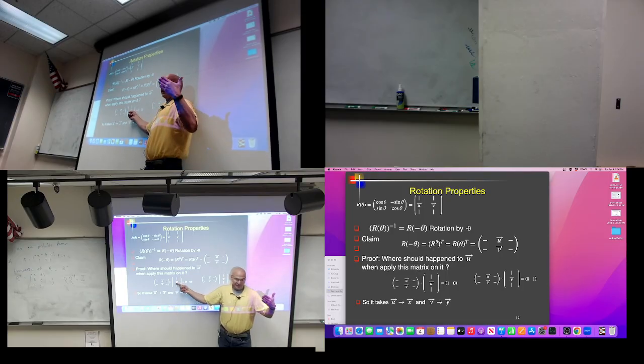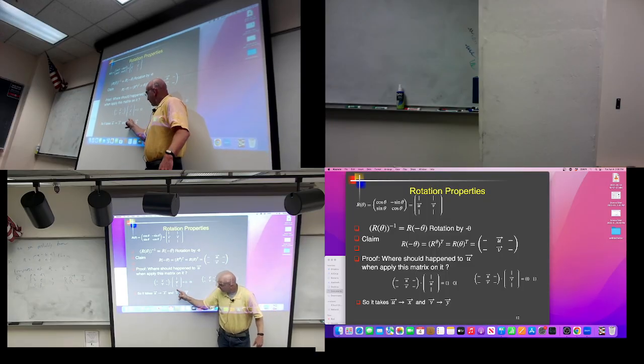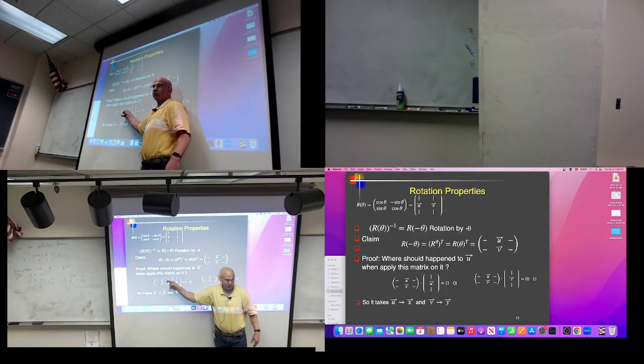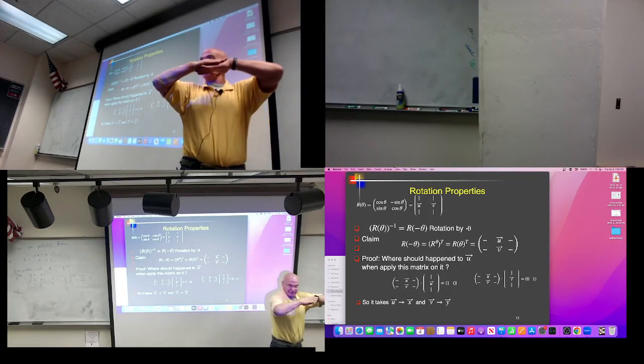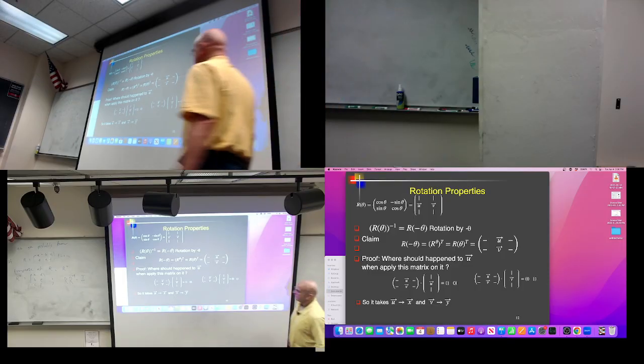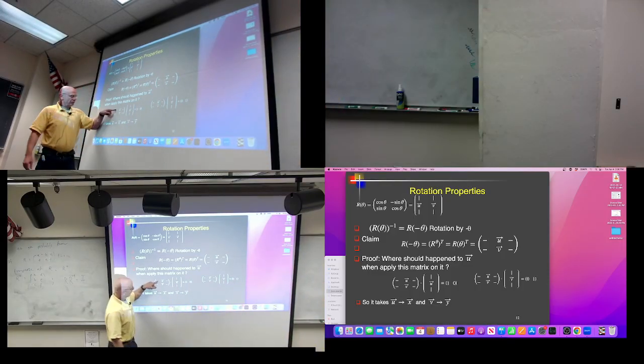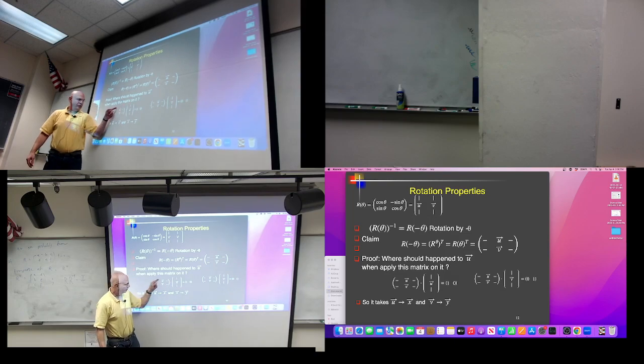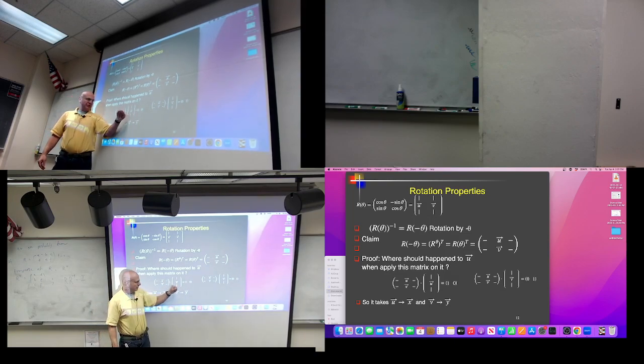It should take this vector u and move it to (1, 0), which happens to be true because u dot product with u, it's a unit vector. For a unit vector, the dot product of the vector with itself is the square of its length, which is 1 squared, so it's also 1.